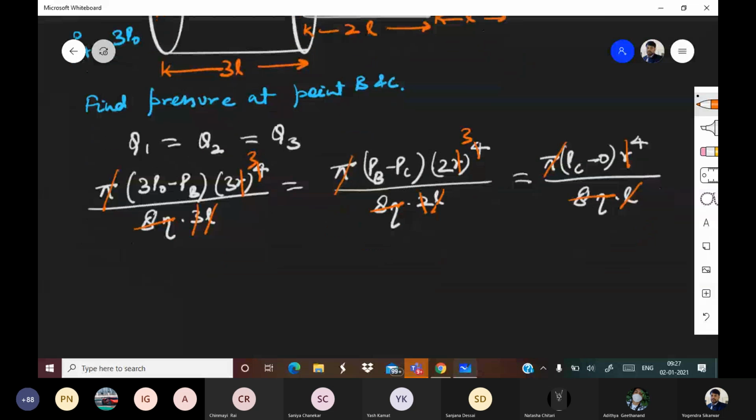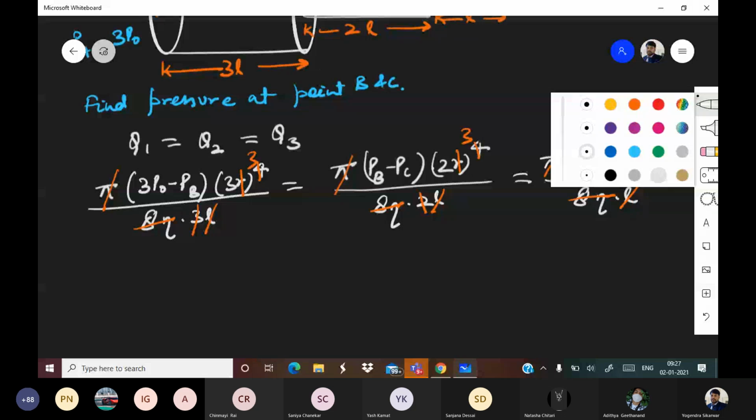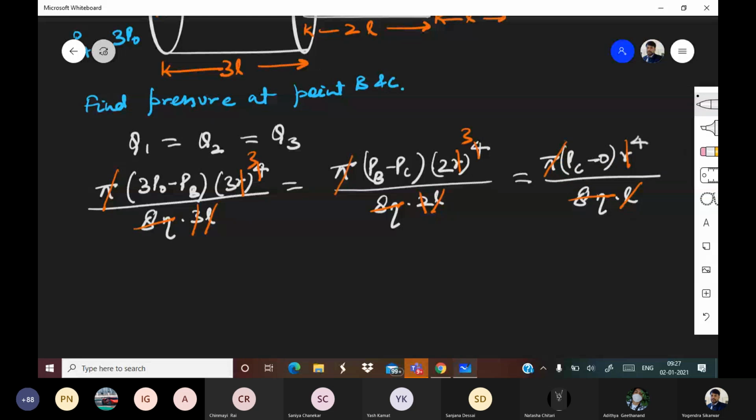So after doing all this, what we are left with is 3 P naught minus PB into 27 is equal to PB minus PC into 8, because 2 to the power 3 will be 8, and that is also equal to PC.